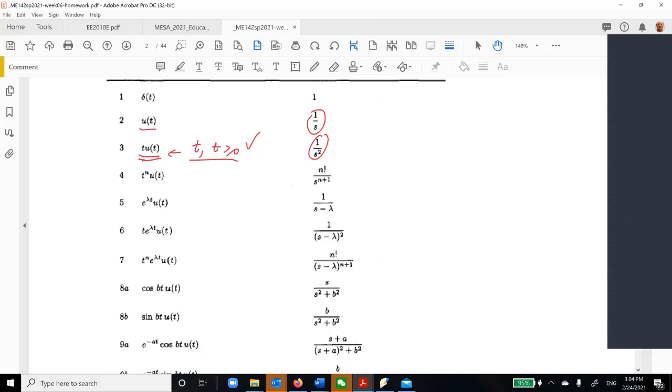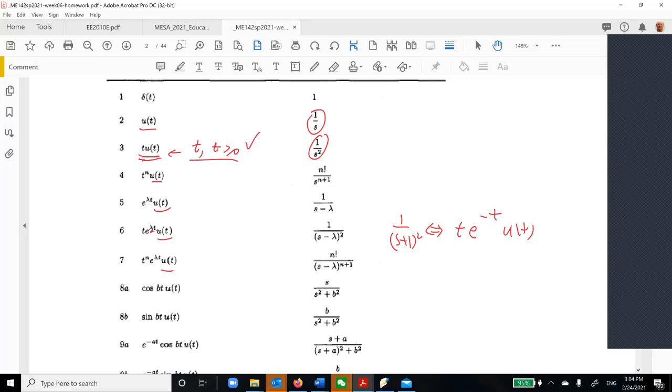They never lose this u(t). So 1 over (s plus 1) squared will be the Laplace pair of t e to the minus t u(t). The lambda now is minus 1, so that's why this is minus 1.